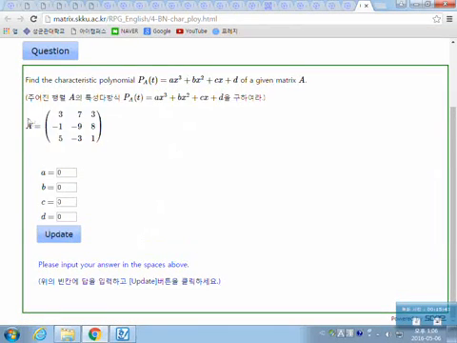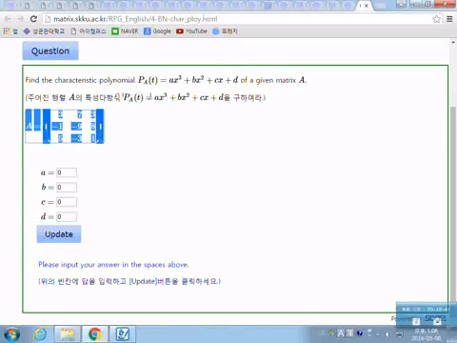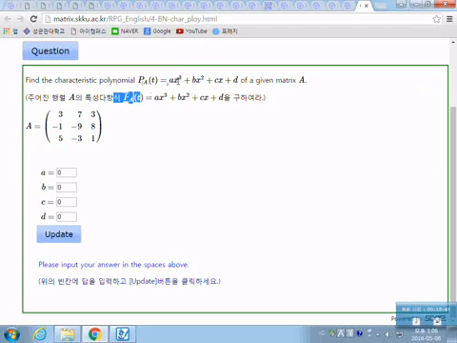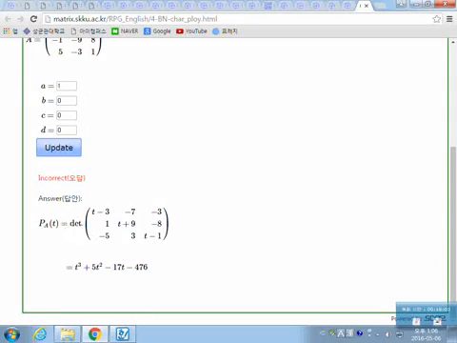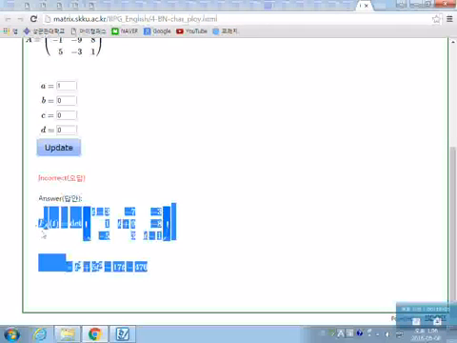Here is a 3×3 matrix. For the characteristic polynomial, the maximum power is 3, so we only have to find 4 coefficients, and then we can get the polynomial. So here is wrong. So how do we get it? Let's show the process.